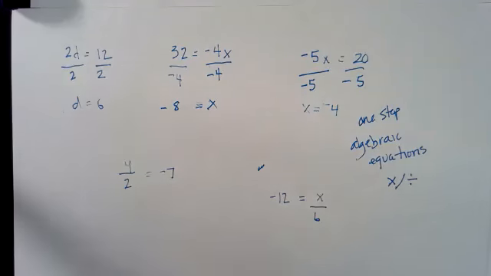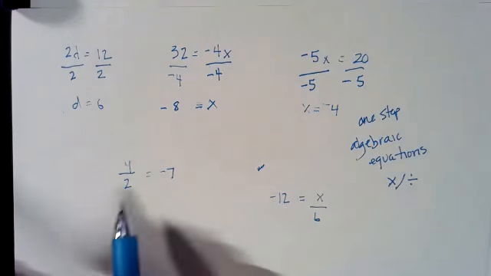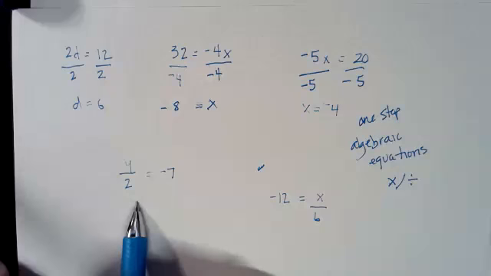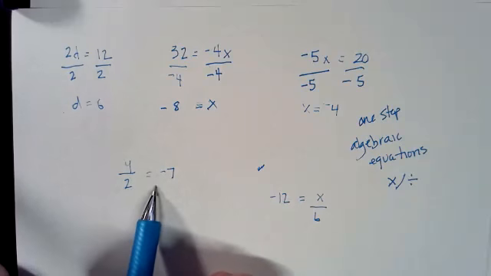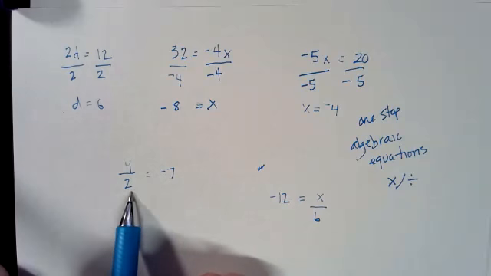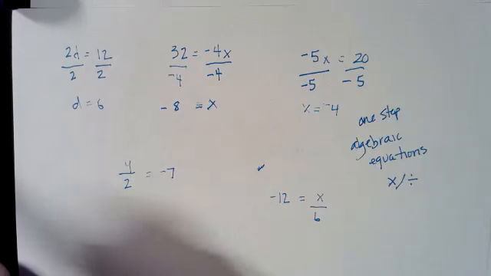Now these on the bottom are division problems. And the opposite of dividing is multiplying. So what are we going to multiply? We need a variable on one side and a number on the other. So the 2 is in the way. That's what we're going to multiply by.